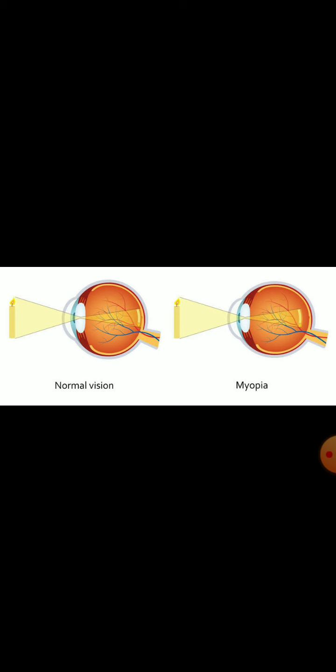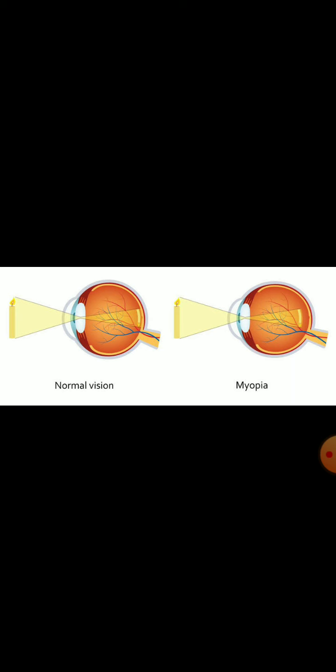And we know for a normal eye, the far point is infinity. But a person with this defect will have the far point nearer than infinity. So, such a person can see clearly up to a distance of a few meters only.